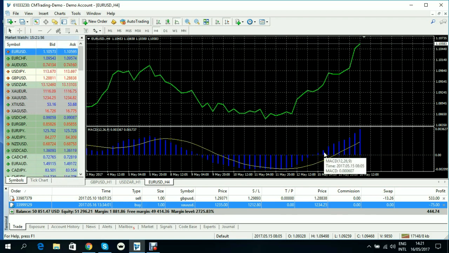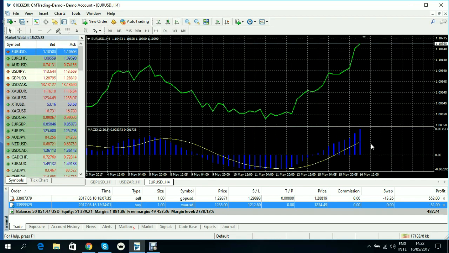So it's important for us to identify this line and these bars. How does this signal line, or moving average line, and this histogram and this zero zone work? Or how does MACD in total work? Let's look at it this way.